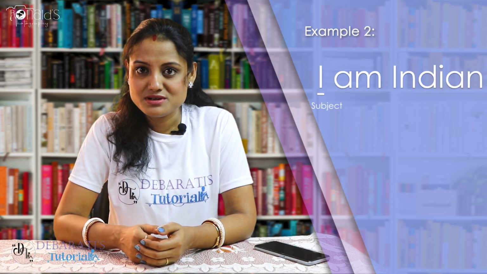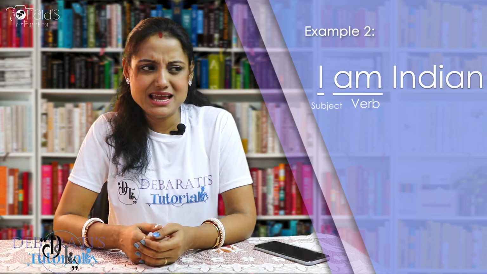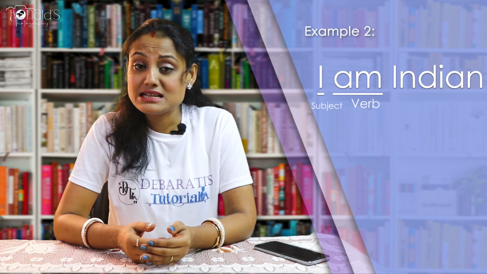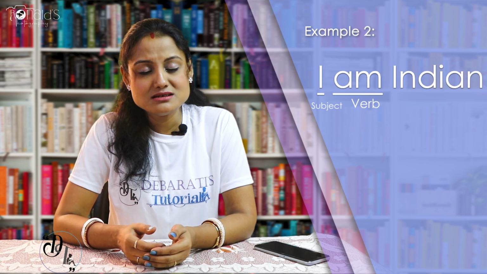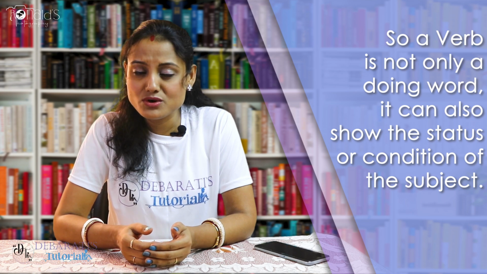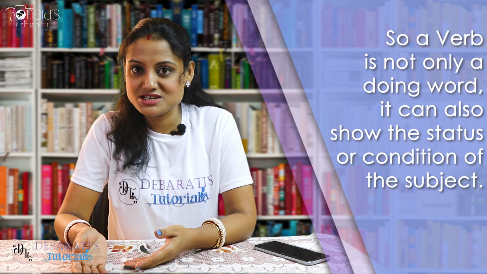Which one is the verb? Am, of course. Am is the verb. Is it showing any action? No, it is not. It is showing the status, the condition of the subject. So, a verb is not only a doing word, it can also show the status or condition of the subject.